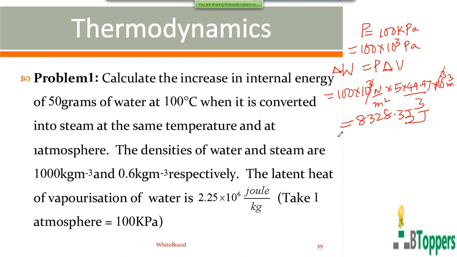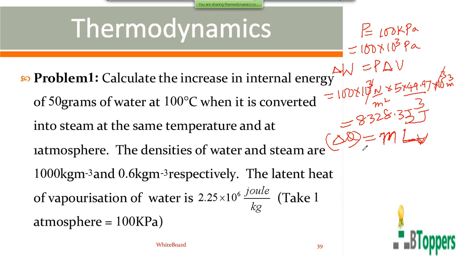Now the heat energy absorbed by the system during evaporation of water, that is the internal heat energy, as we have discussed in the past in calorimetry and change of state. The heat energy absorbed by the system during the change of state, when there is no change in temperature, is given by M into L, where L is the latent heat.